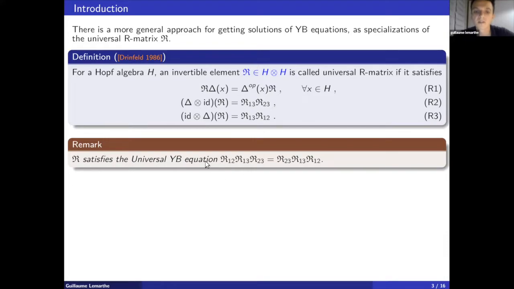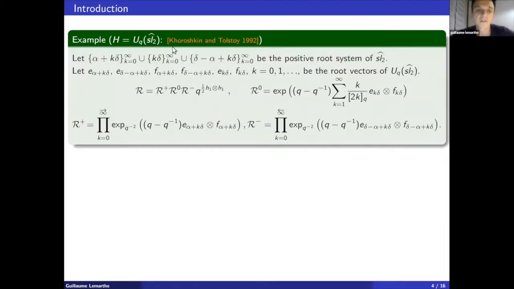So we say that it is universal because it has the same form, R12, R13, and R23, but it lies in H tensor H tensor H. So it's an operator. Okay, so now consider the example of the Hopf algebra U_q(sl2 affine). In the 90s, Khoroshkin and Tolstoy gave an explicit formula for such a universal R matrix.